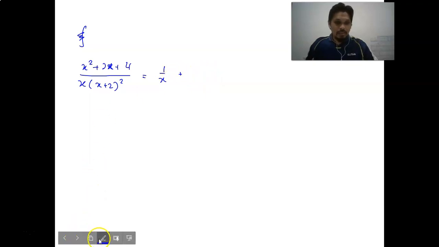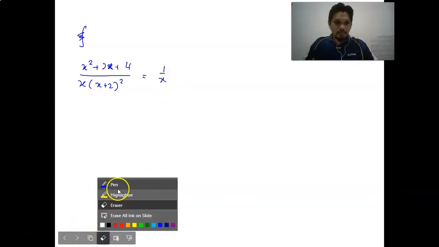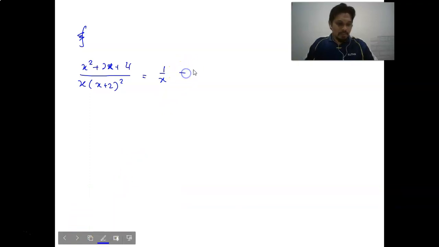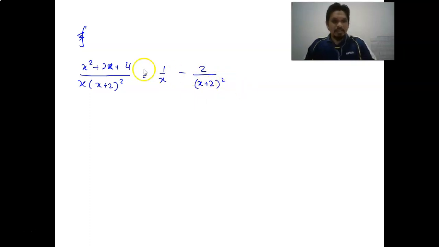minus 2 divided by (x plus 2) squared. Okay, so we call this the fraction, and we divide it into partial fractions.